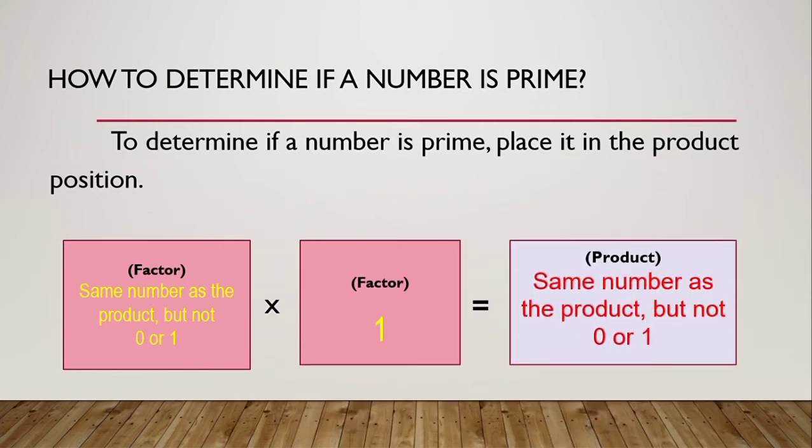In the first factor, or the first box, you have the same number as the product but not 0 or 1. And the other factor is 1. It is constant that the other factor must be 1 and the product would result in the same number, but not 0 or 1.